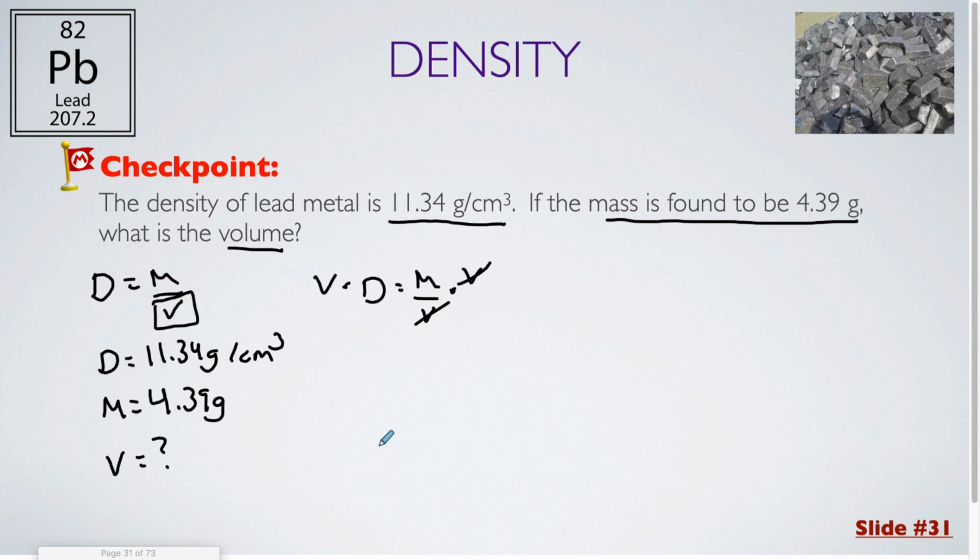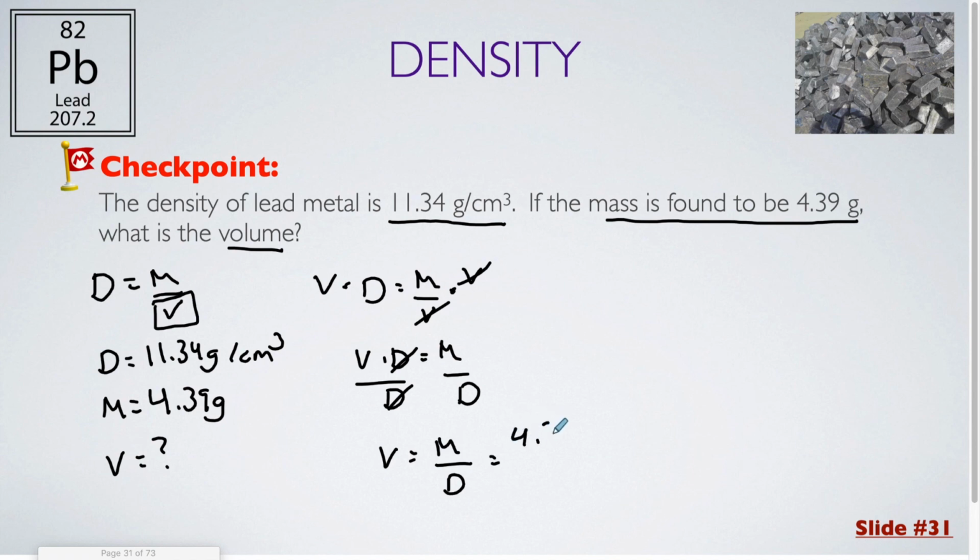So now I have this new version of the equation. Volume times density is equal to mass. Now I want to get volume by itself, so I'm going to divide both sides by density. And again, I have a new version of the equation. Volume is equal to mass over density. Now that I have solved for the variable that I'm looking for, I can plug in my numbers.